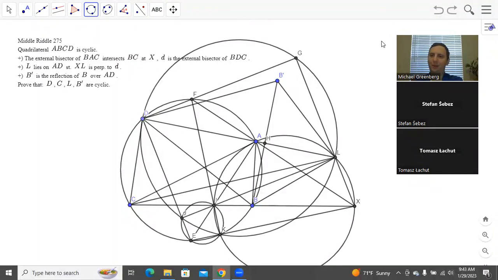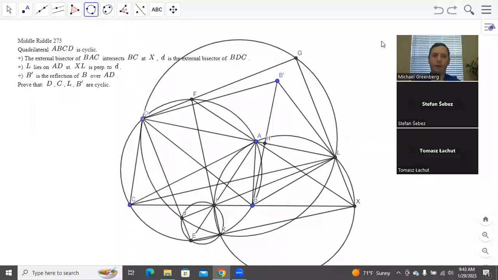Ooh, that's a big angle chase. So DBL is twice angle CLA plus angle CIA. Okay. So CLA plus CIA is 90. Wait. Oh, CLA plus ILA.